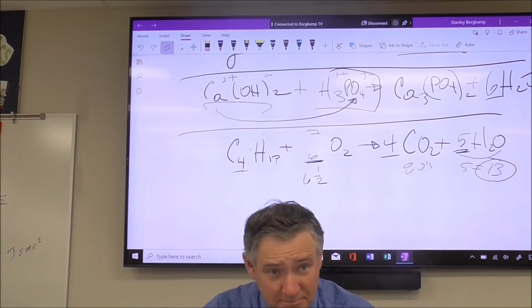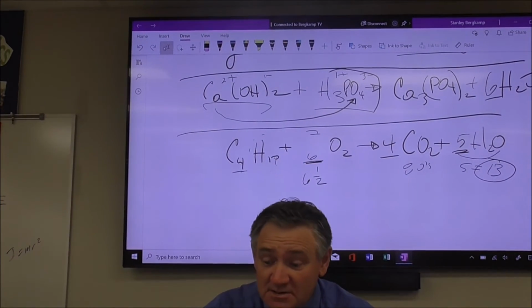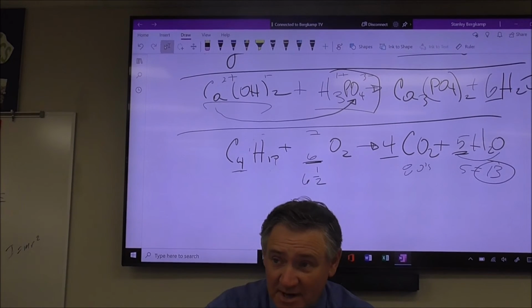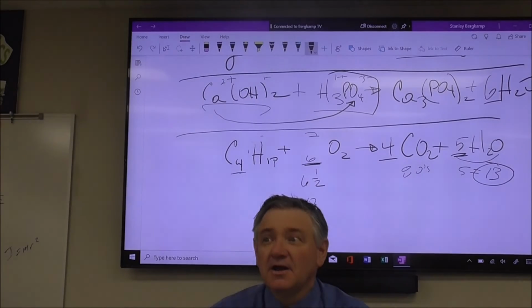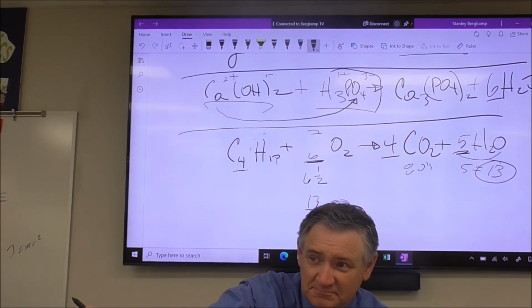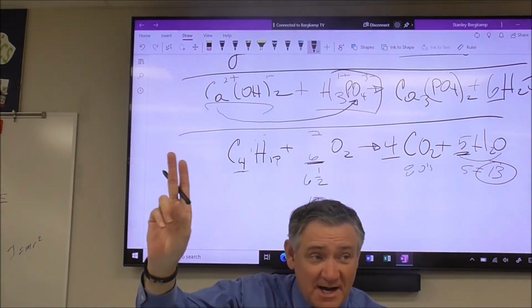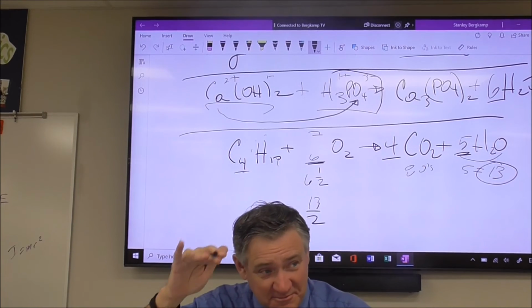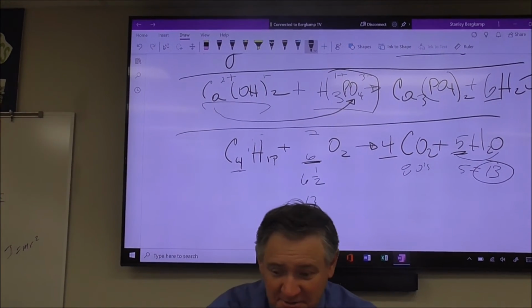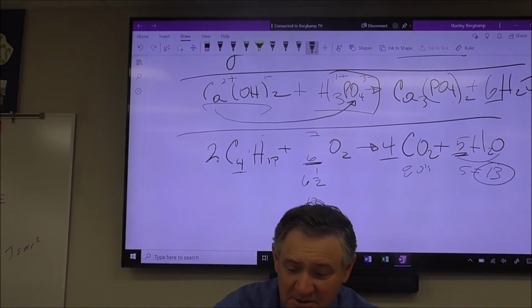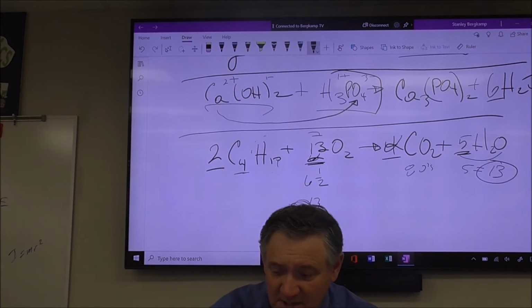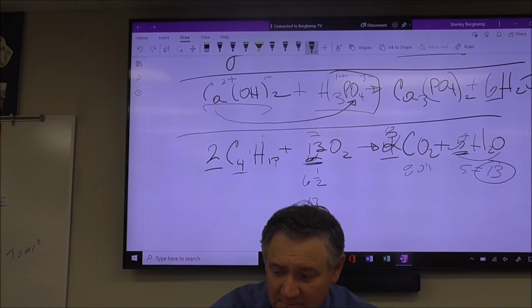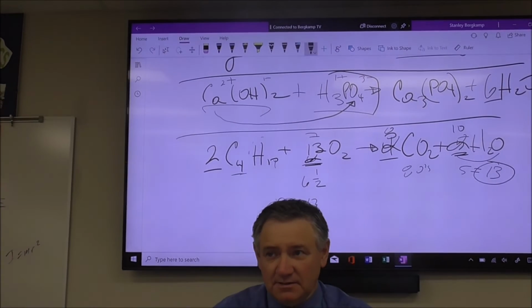Well, change this to an improper fraction. So what is 6 and a half as an improper fraction? 13 over 2. Then what do I do? Multiply by 2. So this becomes 2, this becomes 13, this becomes 8, that becomes 10.